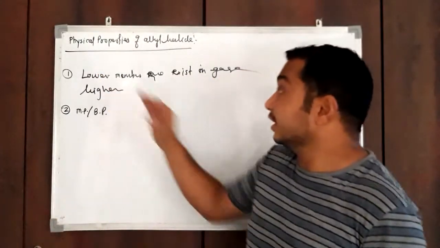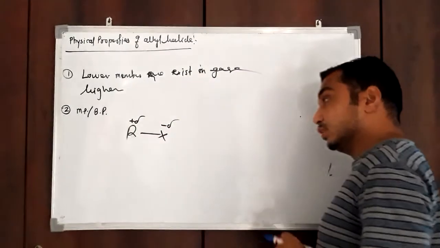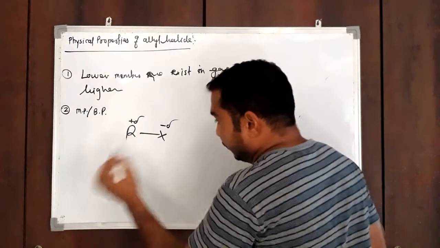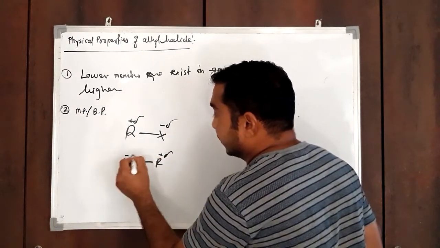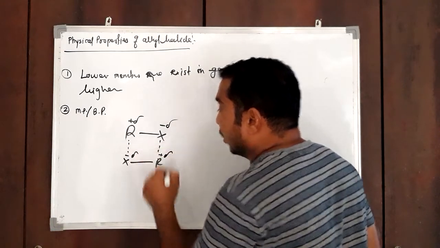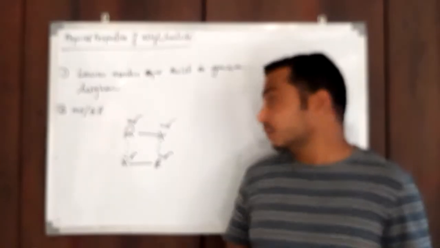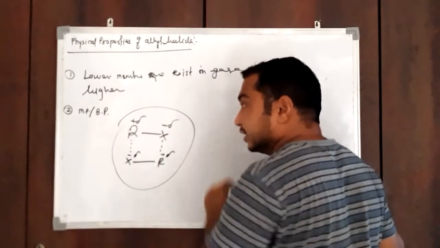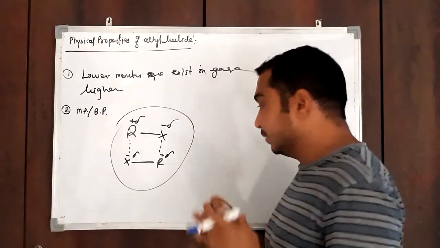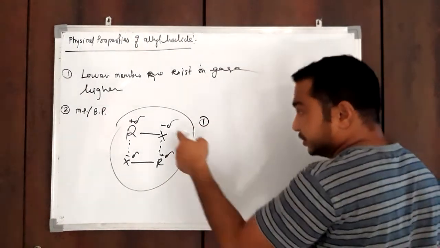But in case of alkyl halide RX, the molecule has polarity. Due to this polarity, various molecules interact with each other. Intermolecular electrostatic force of attraction exists between them, and also this alkyl halide molecule has two types of forces present among them.